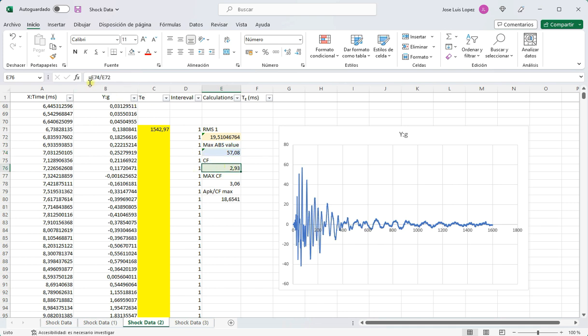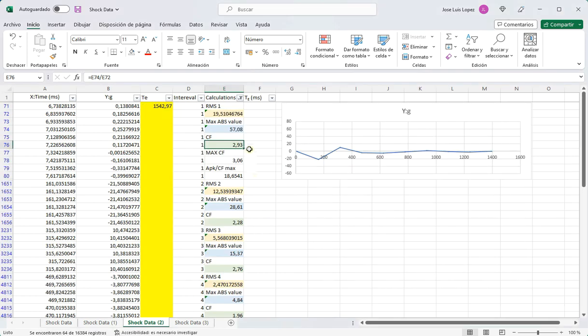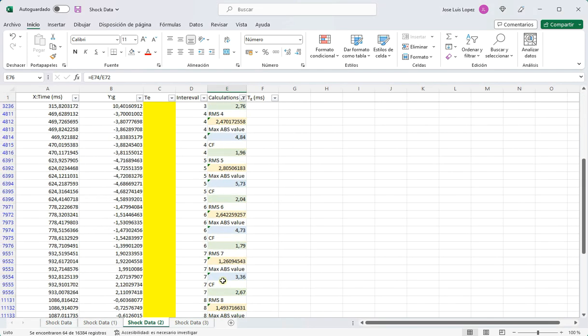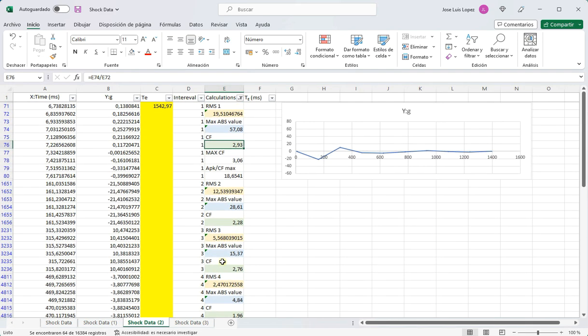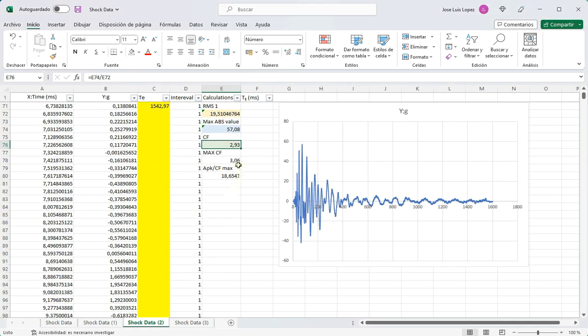Then we divide the peak value by the RMS value to get the crest factor of interval 1. We execute the same calculation for the remaining 9 intervals, copying and pasting the same formulas since intervals have the same number of rows. The maximum crest factor corresponds to 3.06 in interval 1.